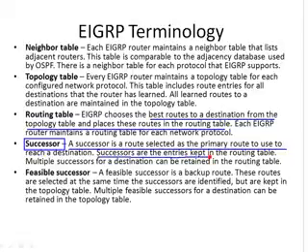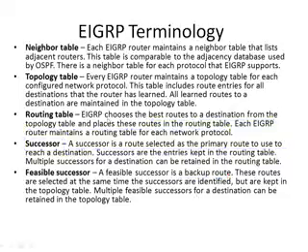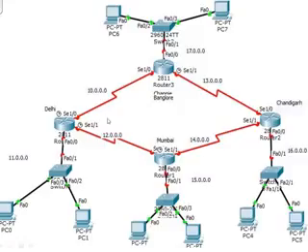Successors are the entries kept in the routing table. Okay, and a feasible successor means the second best path. A feasible successor is the backup route for the successor. Got it? So these are some common terminologies for EIGRP.